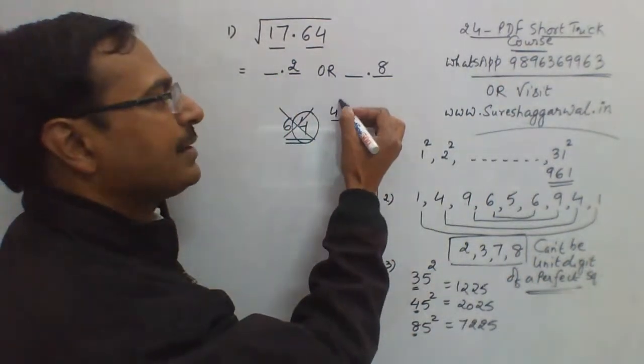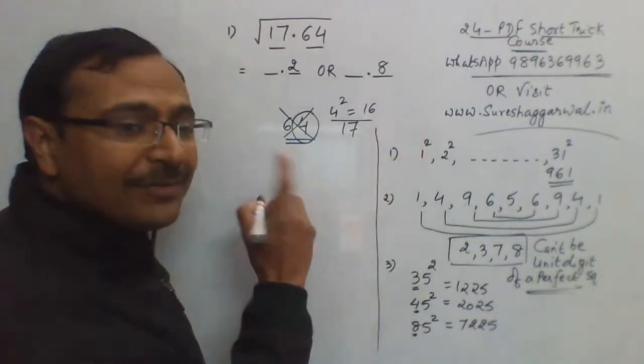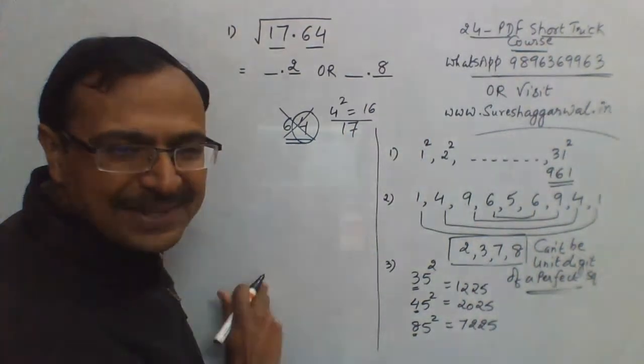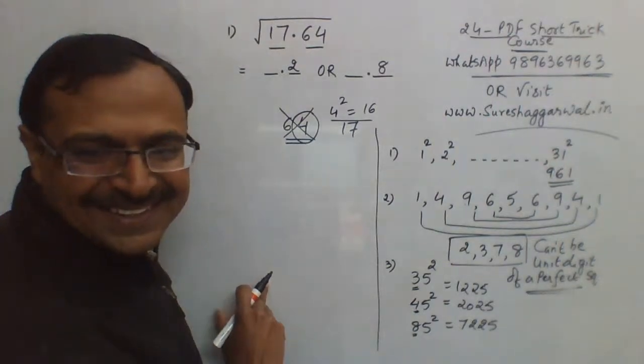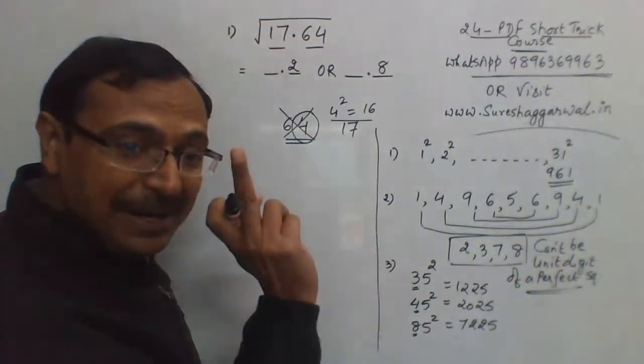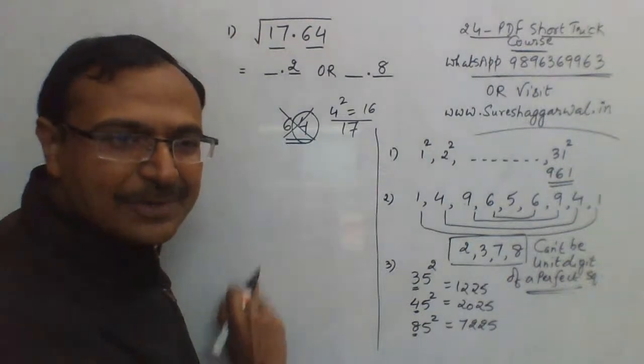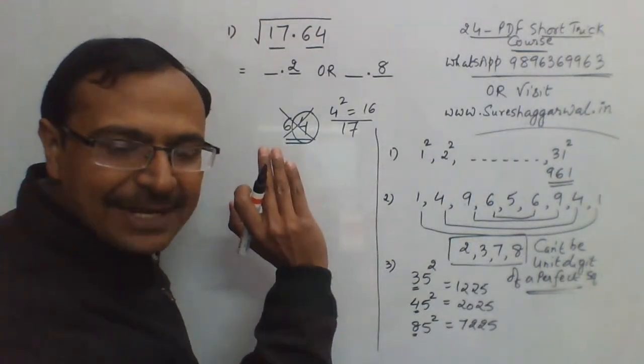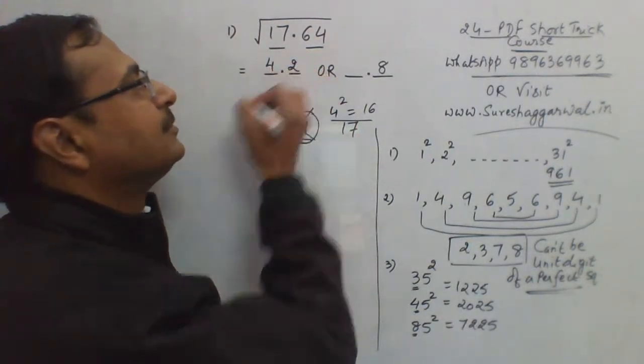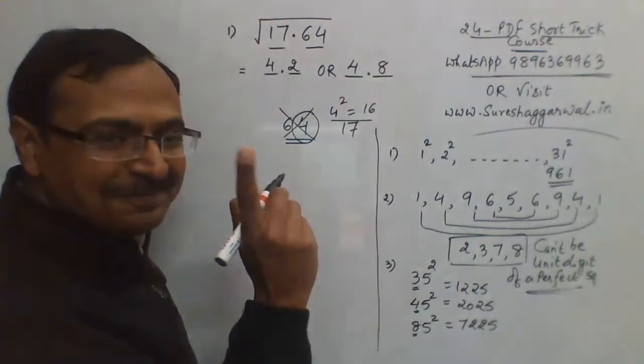See, 4 square is 16, but 5 square is more than 17. I don't want 5 square, right? So 4 is the number I want. 4 square is 16, right? Which is very close to 17 but less than 17. So 4 comes here. That's the second thing.